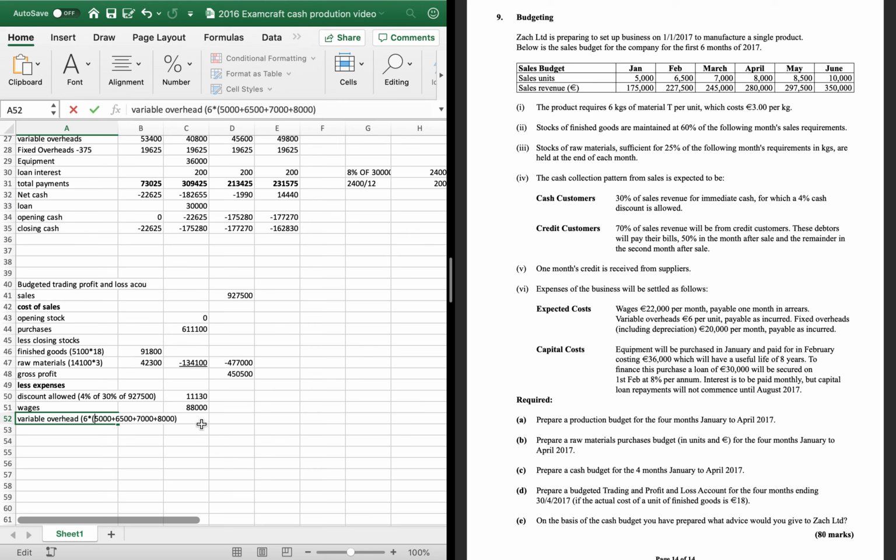You can just add up the variable units from the cash budget and you get the same thing. So that's 26.5 by 6. Sorry, I put that in the wrong. I've added that up wrong, haven't I?